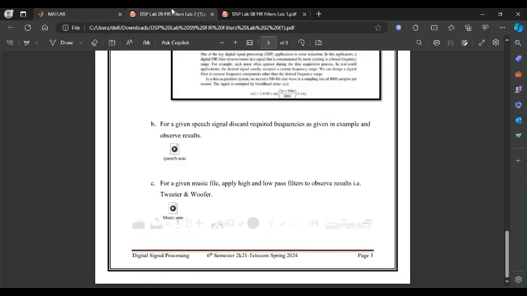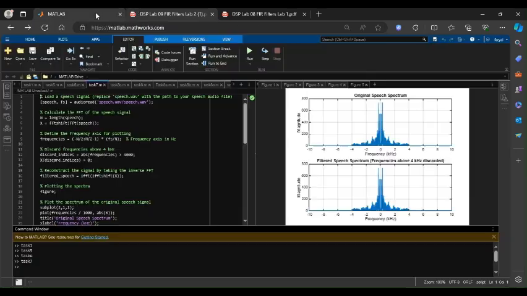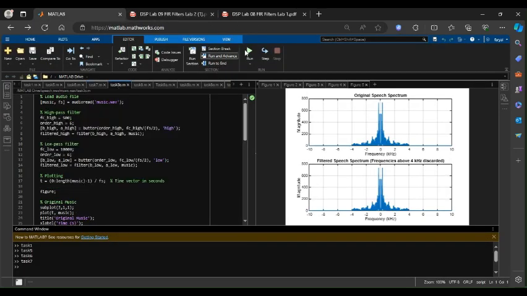And then we had part B, that is, for a given speech signal, discard required frequencies as given in the example and observe the result. Now the output to part B is.